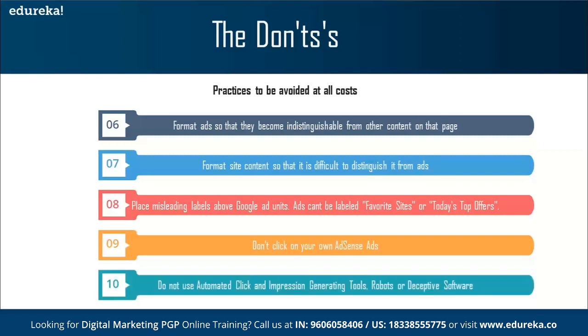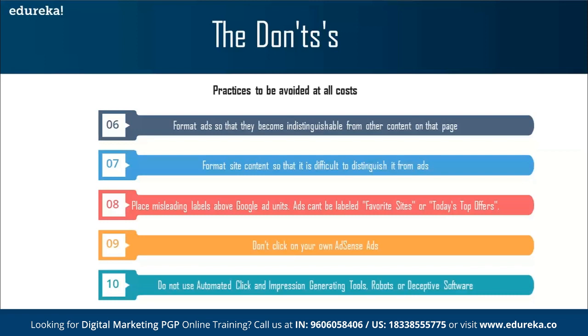And believe me, guys, Google is very serious about its policies. Once you get banned, it is very difficult to reinstate your account. Even if you recreate the account, there's a very high probability that it is going to be banned. And the same applies for Google Ads as well. So never try to fool around with Google Ads or Google AdSense.